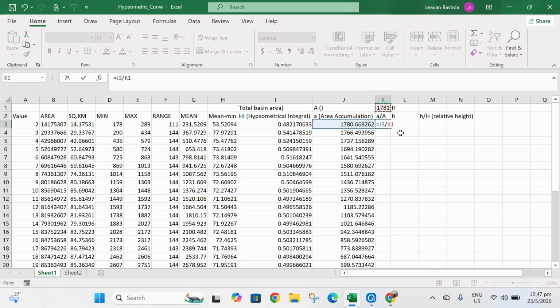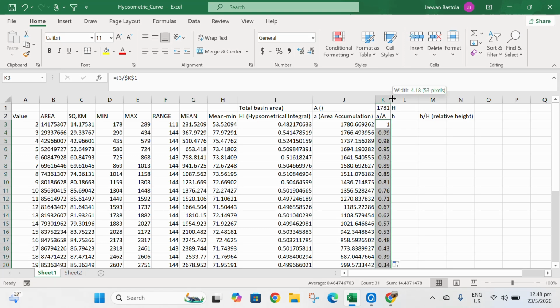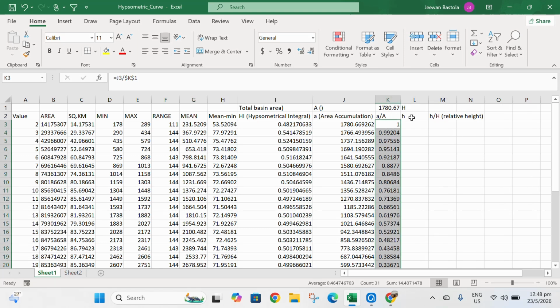So to keep the value static, you have to press Fn F4. Then you have to calculate small h.